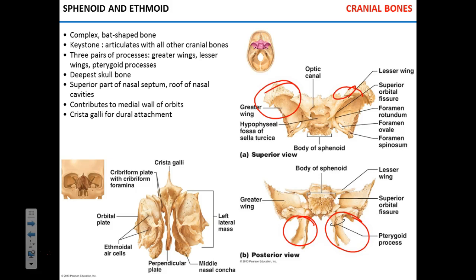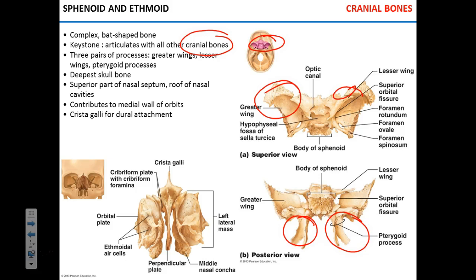It is called the keystone bone since it articulates with all other cranial bones. Here in this image, you can see it in pink color, and again, if you look down onto the middle cranial fossa, you will see that it is formed mostly by the sphenoid bone.